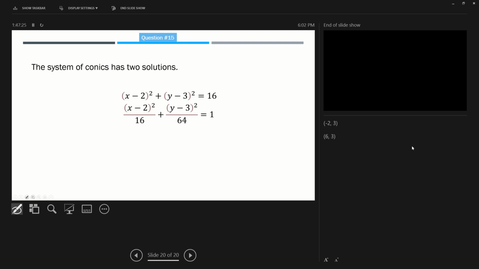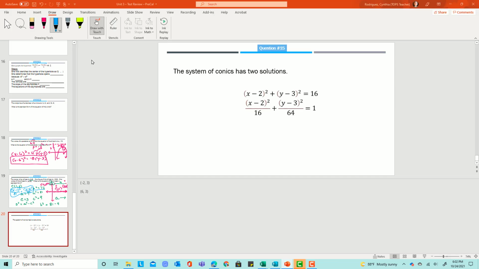For question 15, we're given a system of conics, and we're told that it has two solutions. So we're going to look at this and use our algebra to solve. And there are different approaches, so I'll just show you the way that I approached it. All right, let me see here.